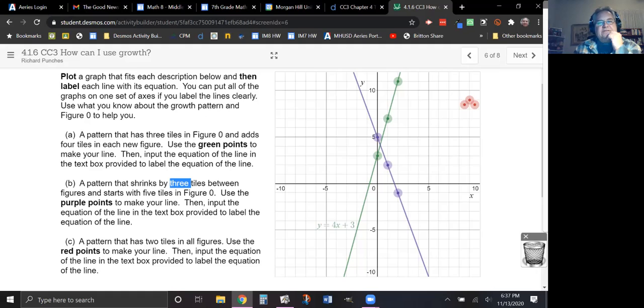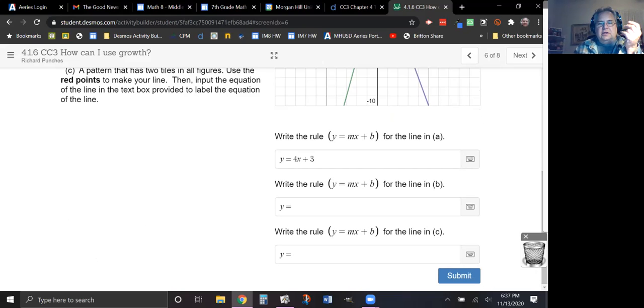So if it starts at 5 and it shrinks by 3, the growth rate is shrinking by 3. How about negative 3x plus 5?